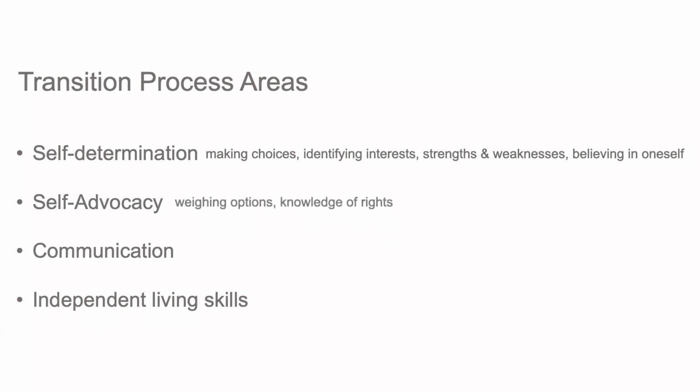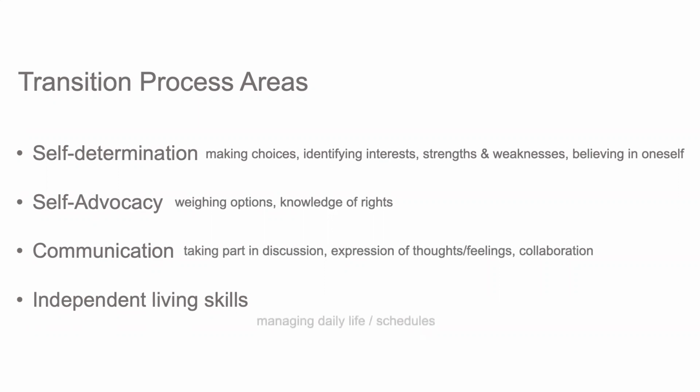For advocacy, it's weighing options and the knowledge of rights. Communication is taking part in a discussion, an expression of thoughts and feelings, as well as that collaboration with others. And finally, for independent living skills, it's managing daily life, including schedules. As we go through the materials, keep these process areas in mind so that you can really see how they are represented within the lessons.